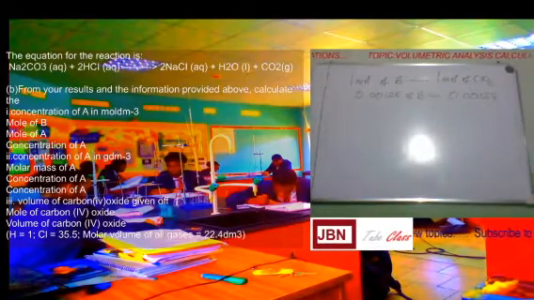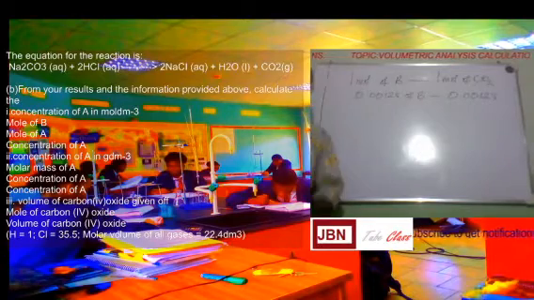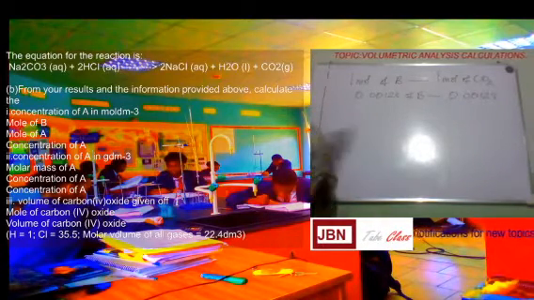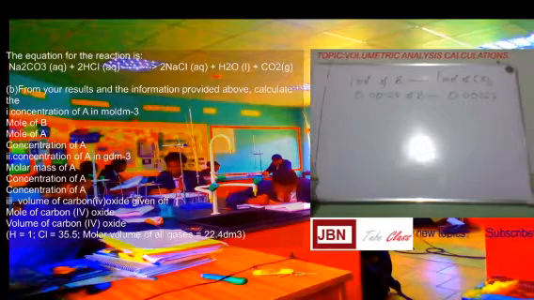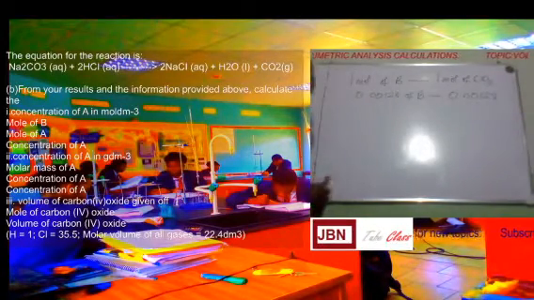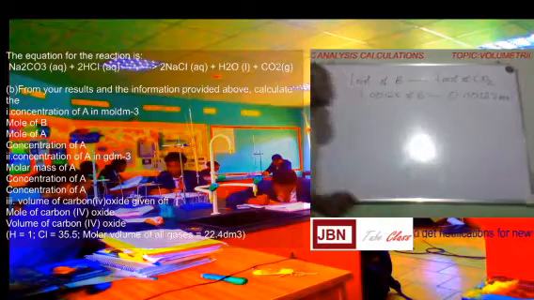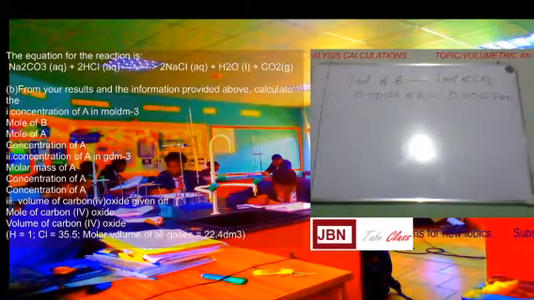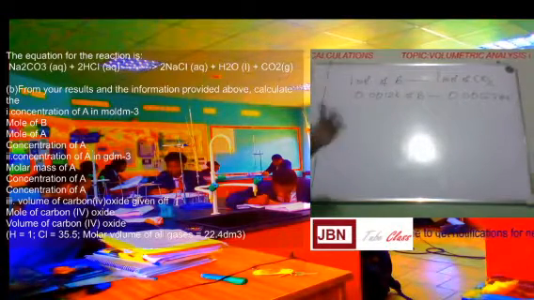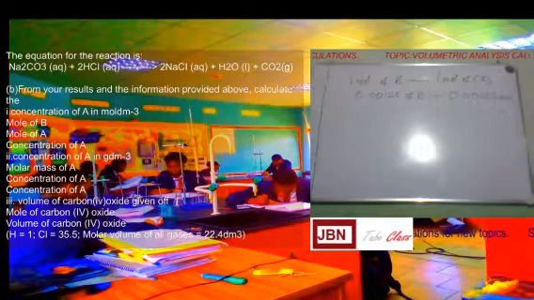You just look at the equation carefully. You will discover that the stoichiometric ratio of B to carbon dioxide is 1:1. So it means 0.00128 mole of B will also give us 0.00128 mole of CO2.